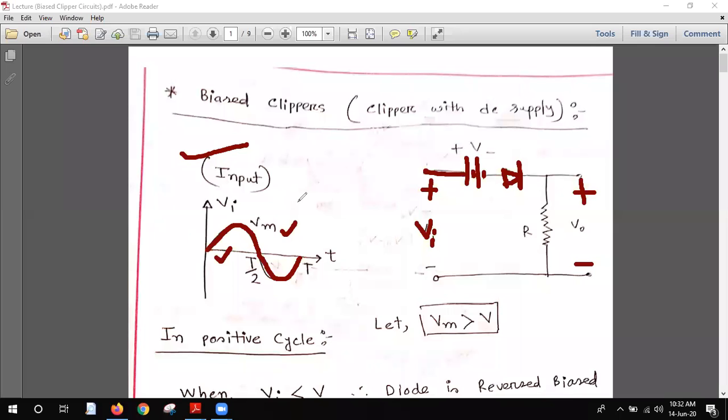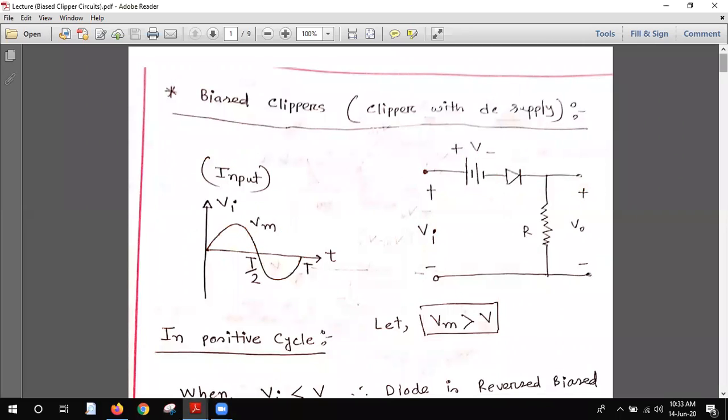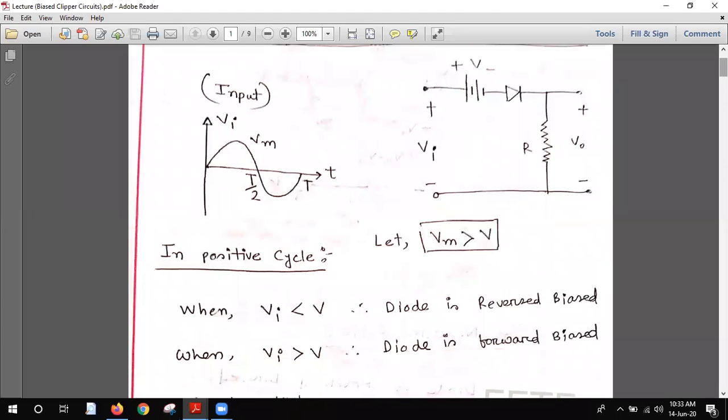So we have to analyze both the positive cycle and the negative cycle. Let's go. First of all, we need to calculate for the positive cycle. Listen to my words very carefully.